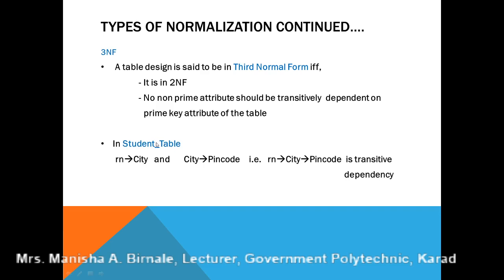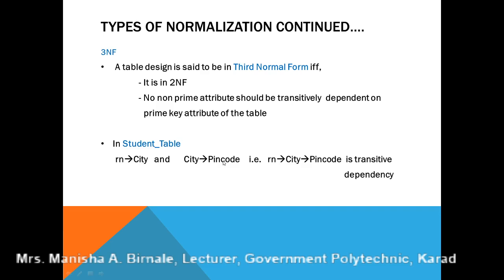So in student table, you can see that city is dependent on roll number attribute and pin code is dependent on city attribute. That means city is dependent on roll number and pin code is dependent on city. So this is called a transitive dependency. Here city is a non-prime attribute.